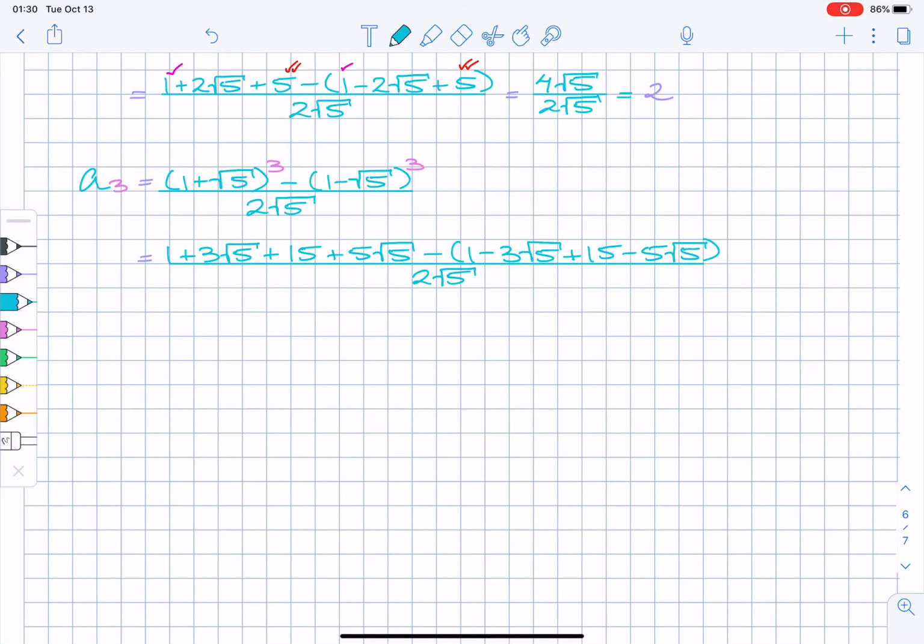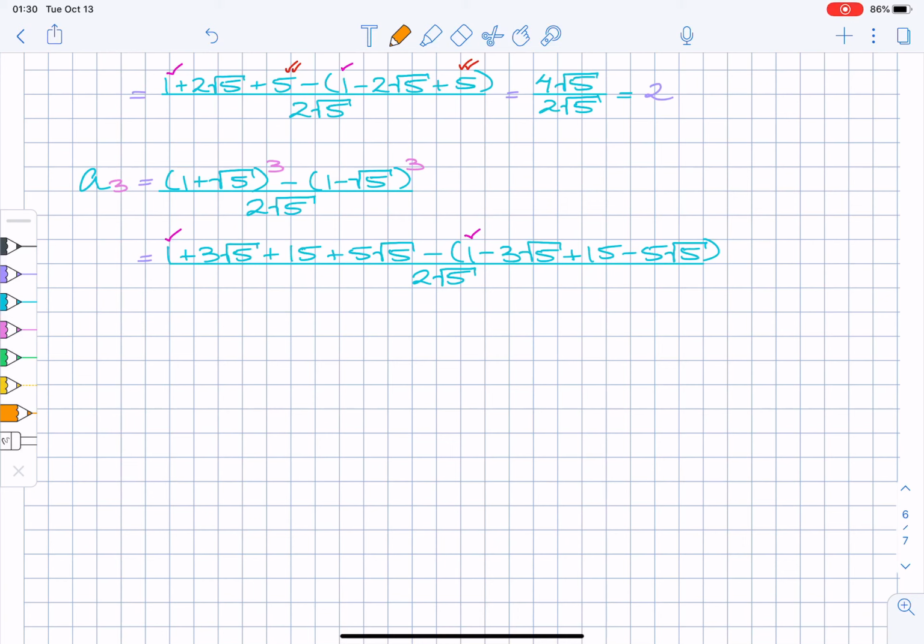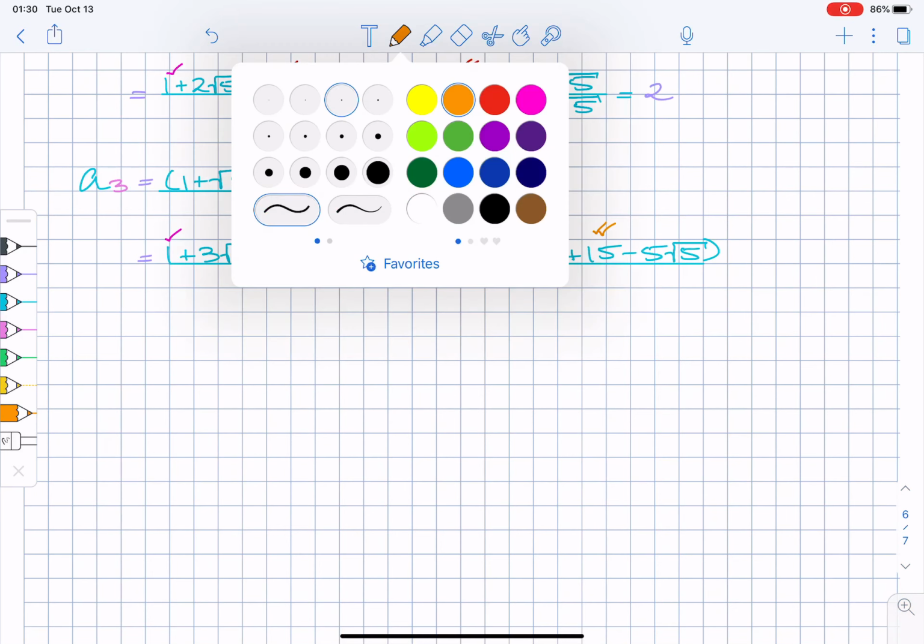Okay, what do we have here? 1 minus 1 goes away. 3 root 5, 15 minus 15 goes away. Okay, so what's left over?